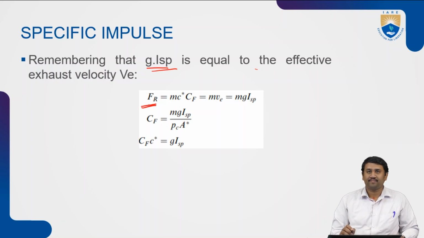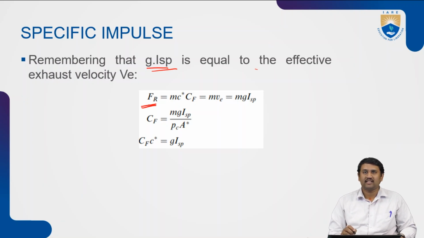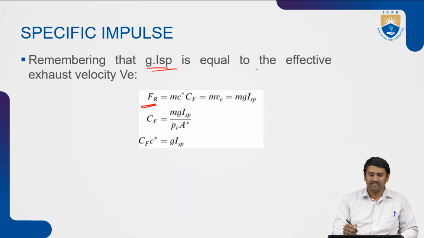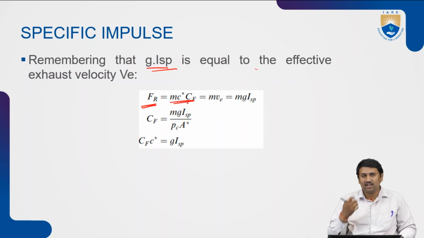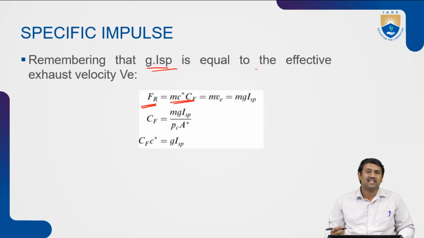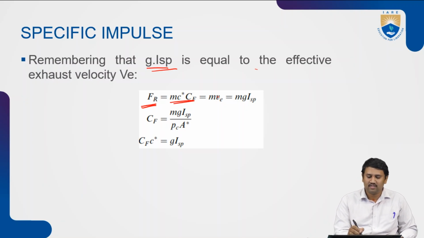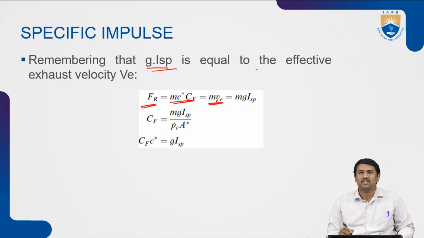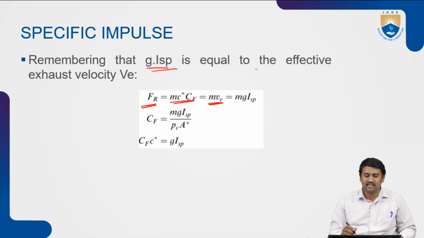The thrust, right? The thrust can be rewritten in terms of my mass flow rate into characteristic velocity as well as the thrust coefficient, which is also equal to the mass flow rate into exhaust velocity, which I can rewrite as m into g and ISP.